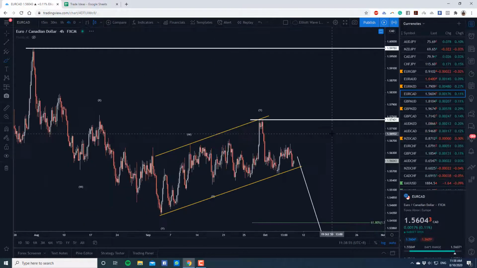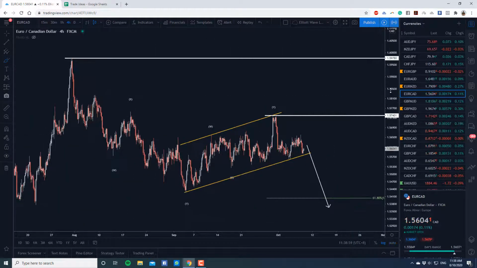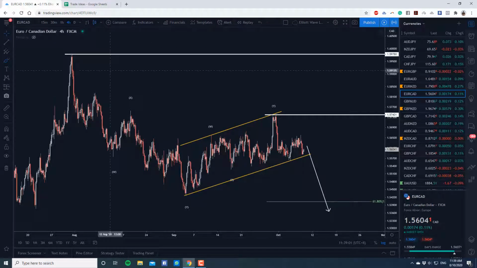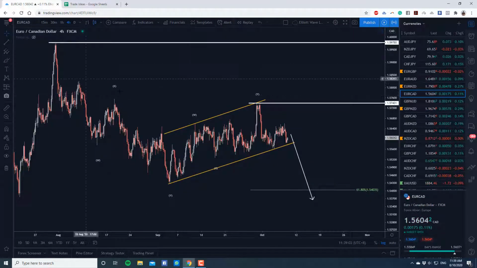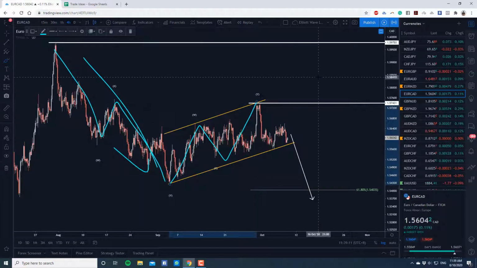If I go down to the 4-hour time frame, you can see very nicely how the entire structure comes in. We have the three-wave structure down, forming the push to the downside, and a nice three-wave structure to the upside, which is a very simple corrective pattern.